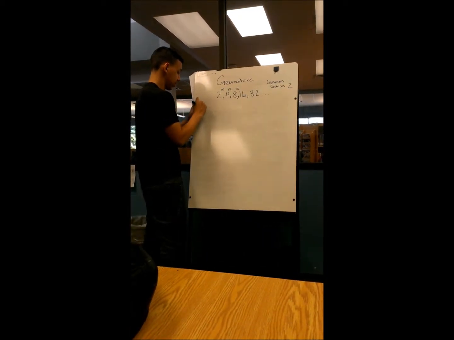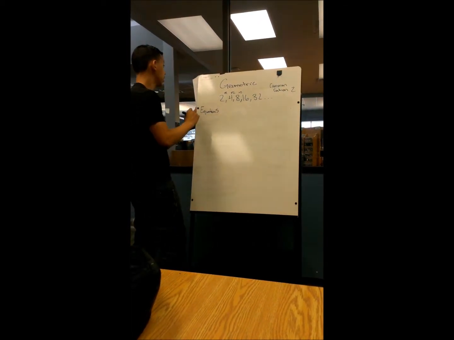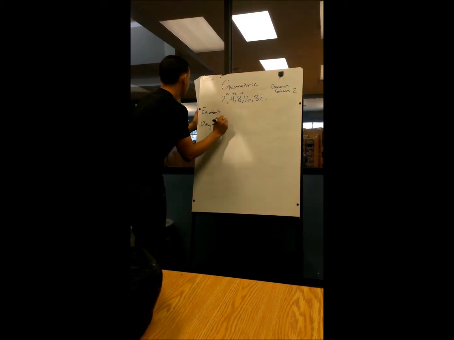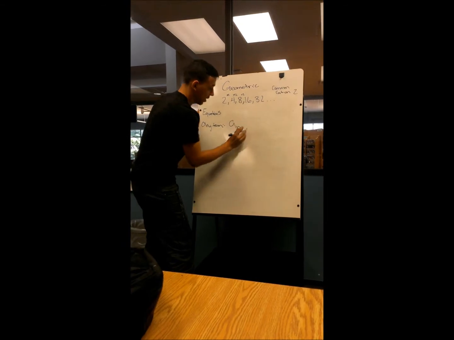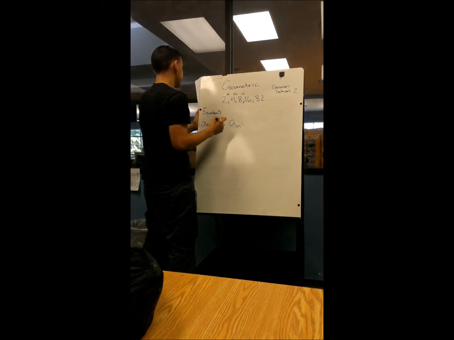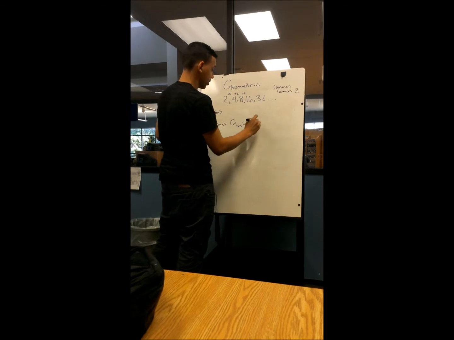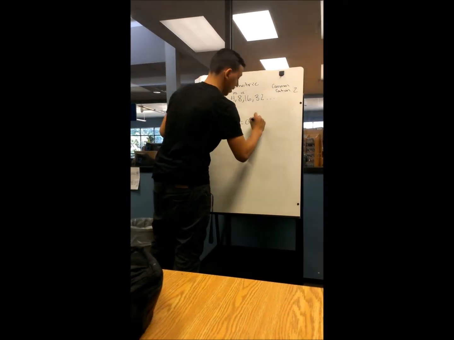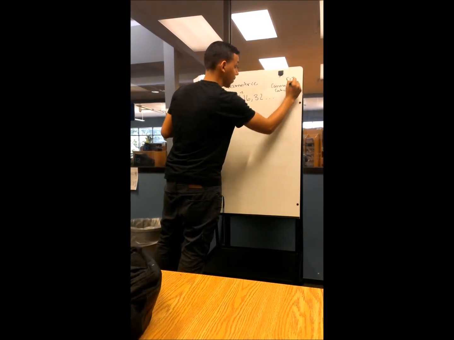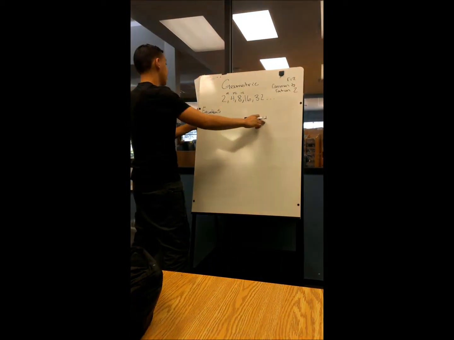And our equations for the geometrics are, to find any term, n stays being the term you're looking for. In that way, it's the same as the arithmetic. Once again, A1 is the first term. And then r is the common ratio, to the n minus 1.